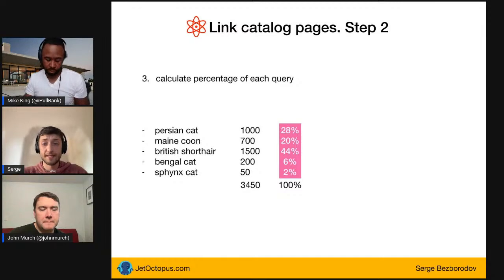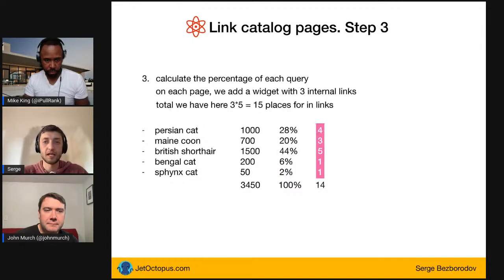And we do very simple math here, and calculate the percentage of each page within our queries. And as we see, our British short hair has almost 44% of importance, we said.